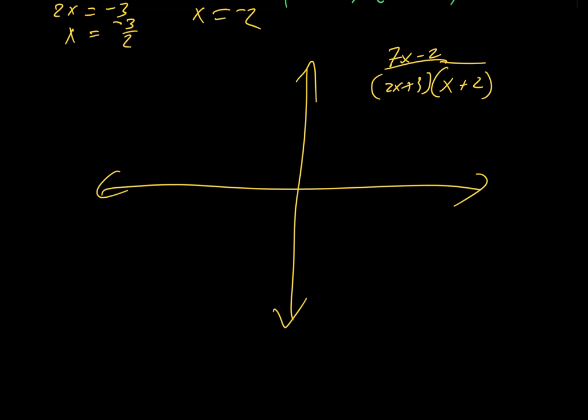If I were going to graph that, if this was y equals, so this is negative 1, this is negative 2. At negative 2, there's a dotted line, what's called an asymptote. At negative 3 halves, which is negative 1.5, there's another one.